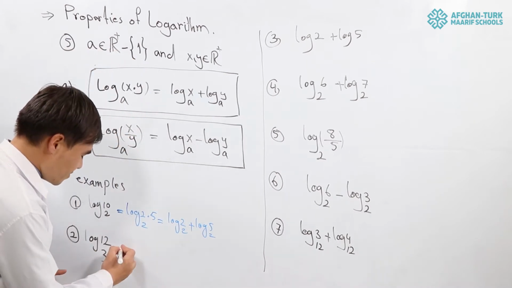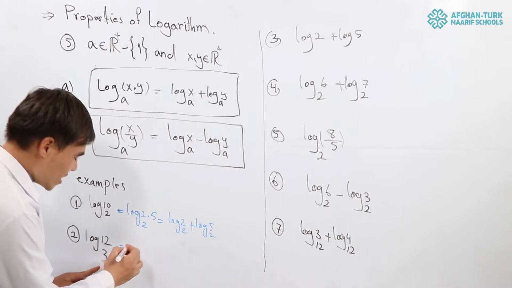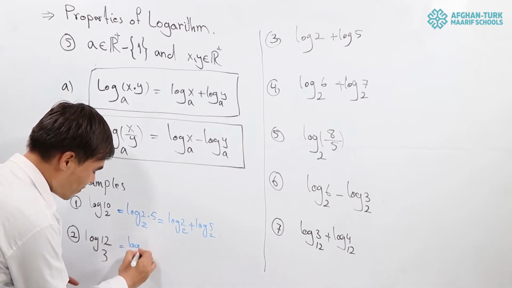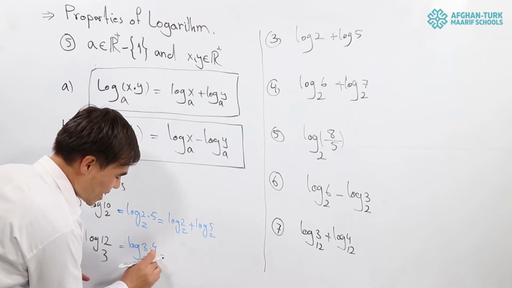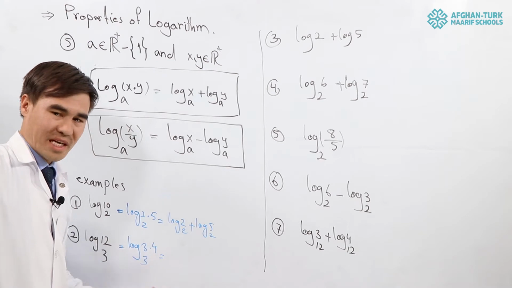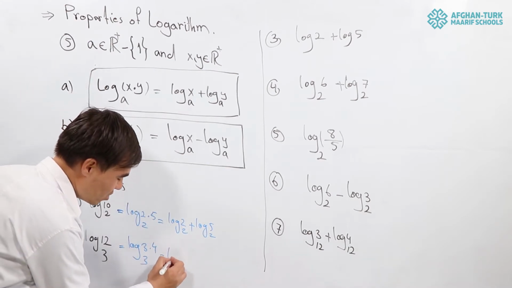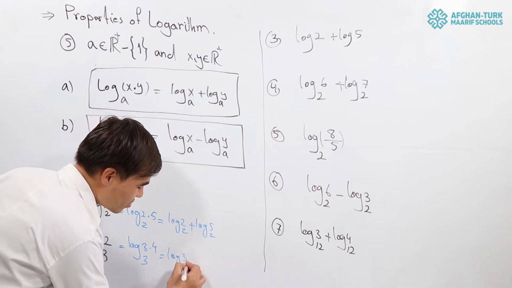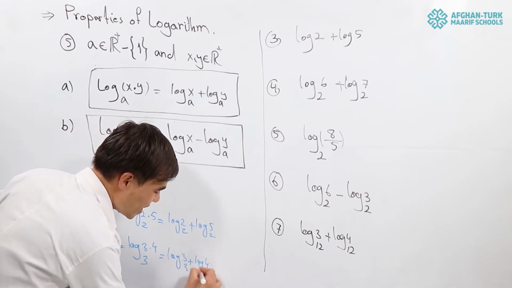And the second one, we have log of number 12 to base 3. We can write this as log of 3 times 4 to the base 3. This is in multiplication form, so let's change it to addition form: log of number 3 to the base 3 plus log of 4 to base 3.